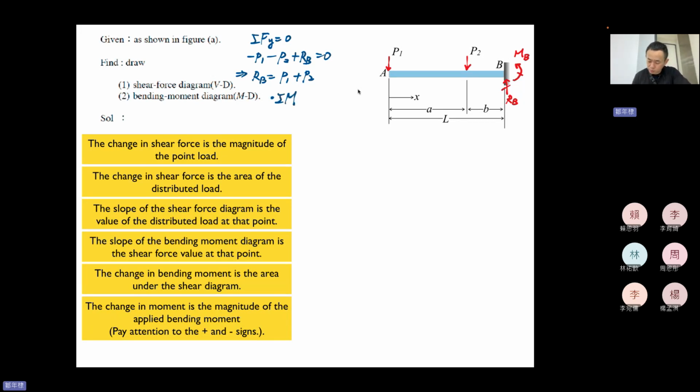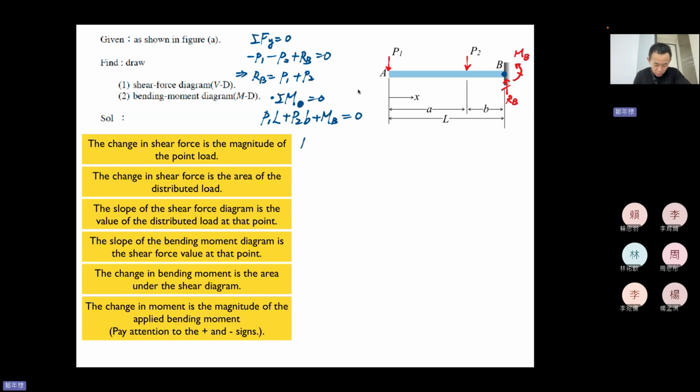And then next one, sigma M. Okay, let's take a look. This dot, equal to 0. So P1 is counterclockwise, so it should be positive. P2 about the blue dot is also counterclockwise, so positive. And MB itself is positive, as we mentioned.